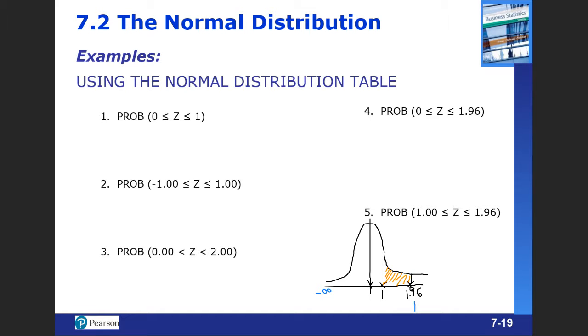Now we did that already. We just looked it up and you said that it's equal to 0.9750. Okay, so we have that. What should I do next?